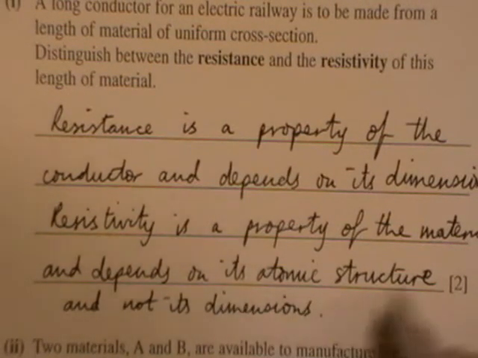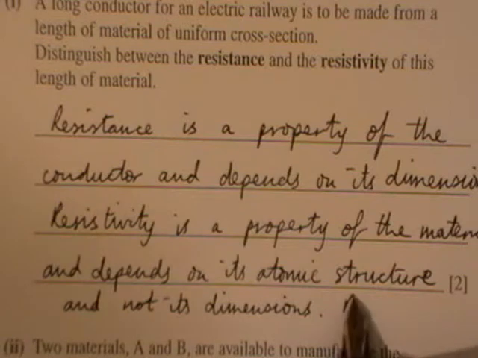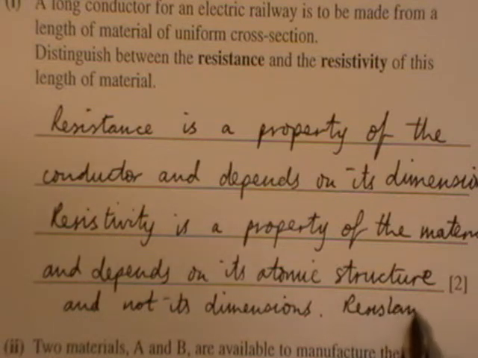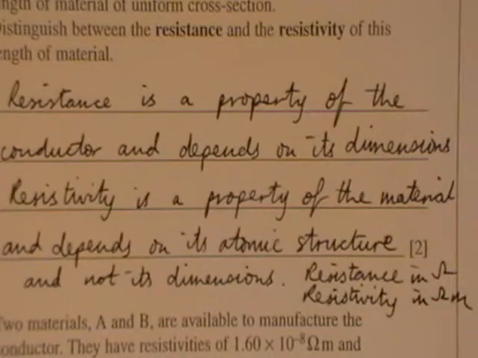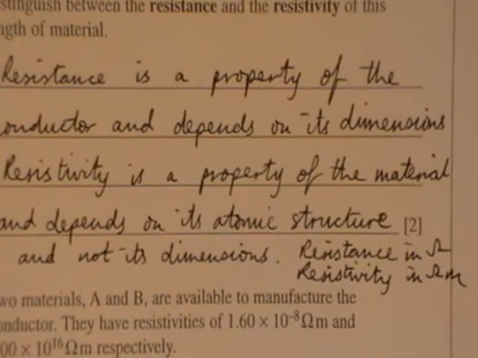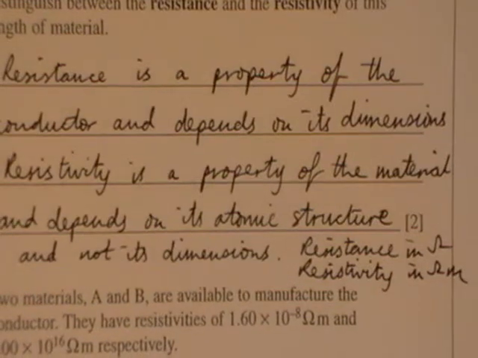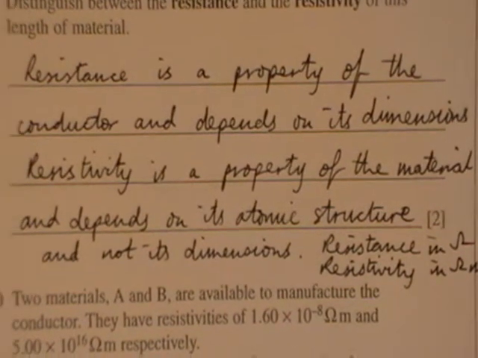Possibly worth adding that resistance is measured in ohms and resistivity in ohm meters. I'm only saying that because in a previous question there were marks given for that, so it would be possible to add that in if you wanted.